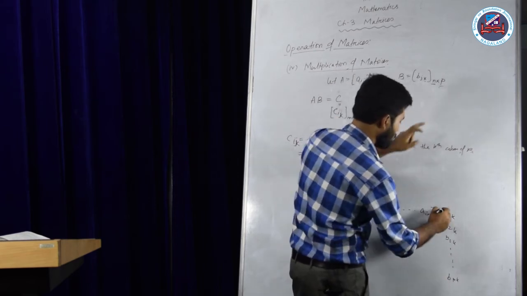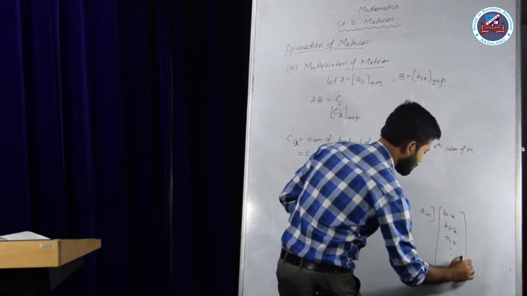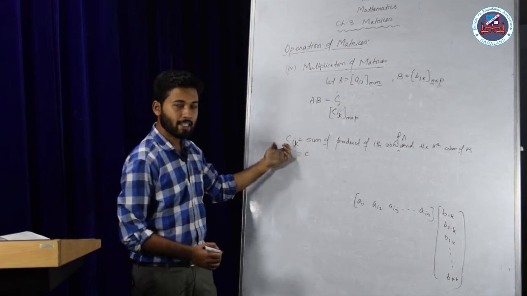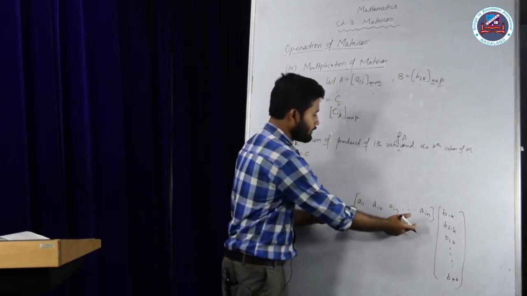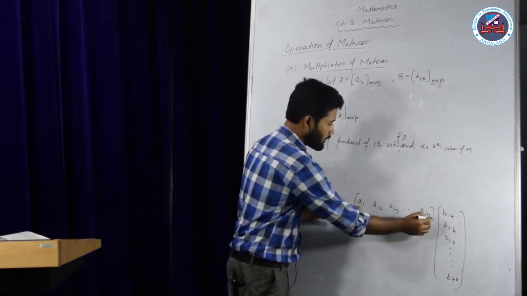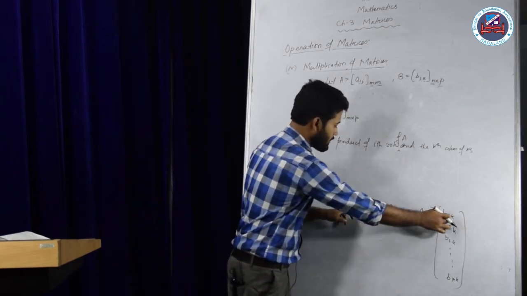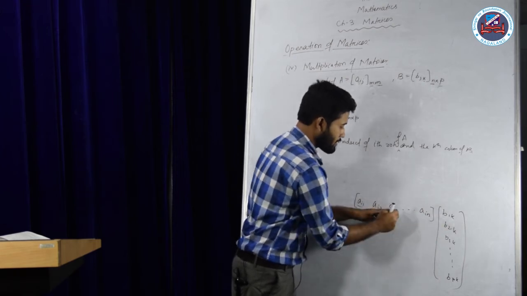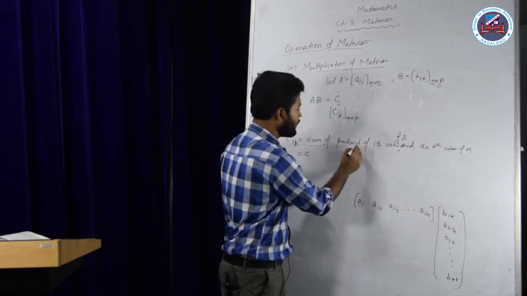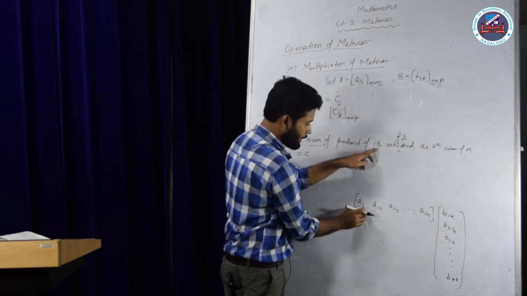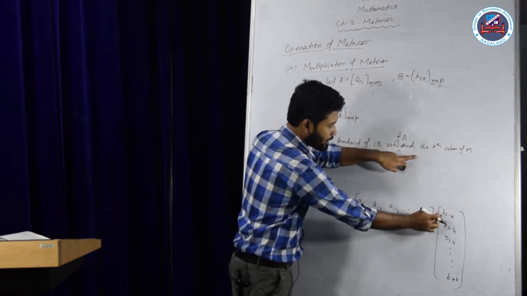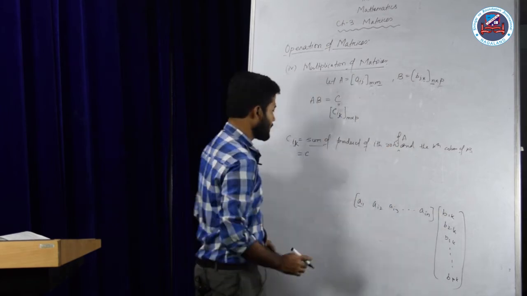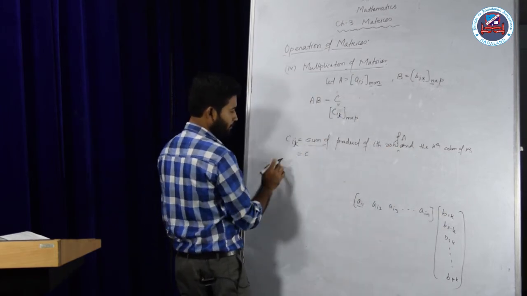That is P number of rows. So I shall get the Cik by multiplying the corresponding elements. That means this into this plus this into this plus this into this. That is the sum of the product of the ith row of A and the kth column of B. So what we shall get here?